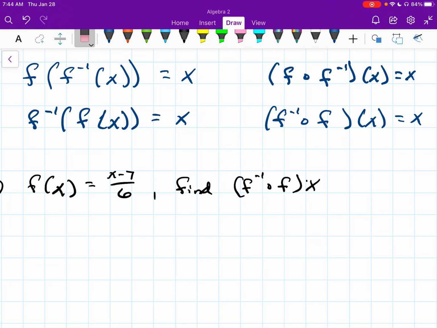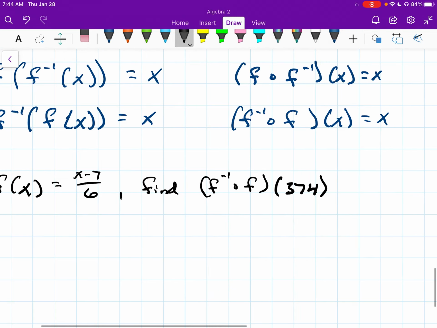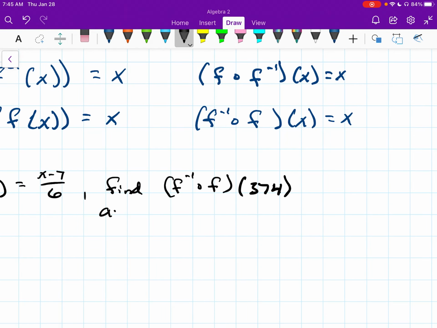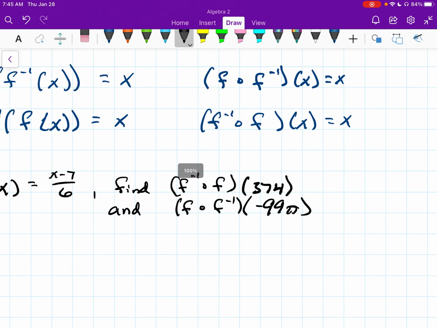Oh, not of x. We're plugging in a thing, a number. Plugging in the number, we'll say 374. And then we'll say, and find f composed of f inverse of, I don't know, some huge weird number, negative 99 pi.